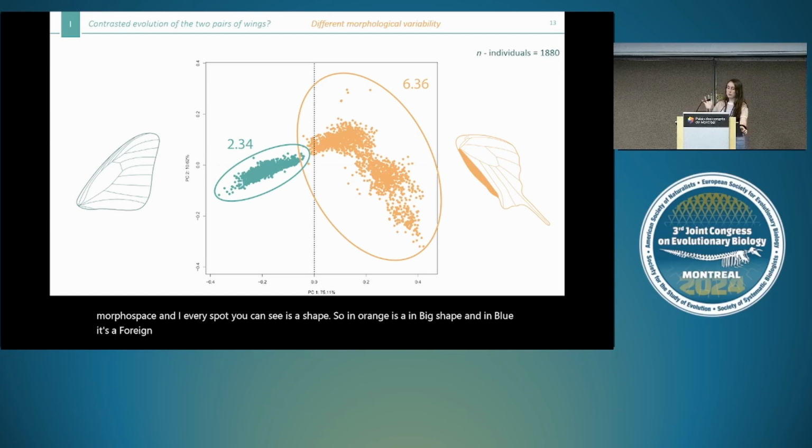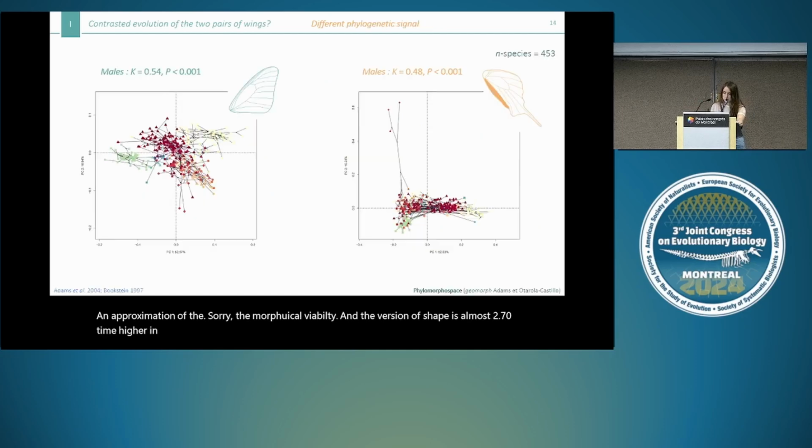If we calculate the centroid size of each cloud, it's an approximation of the morphological variability. And the variation of shape is almost 2.70 times higher in hind wings than in forewings.